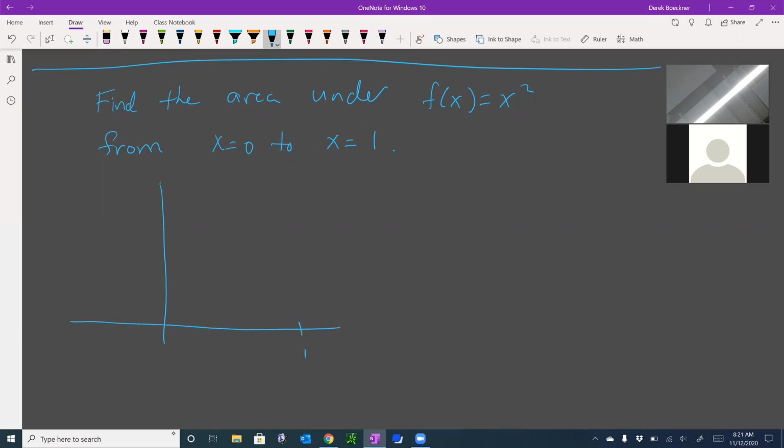So I draw a picture. Here's 1. Here's my parabola, ends at (1, 1). I want to find that area. Make sense as a question?